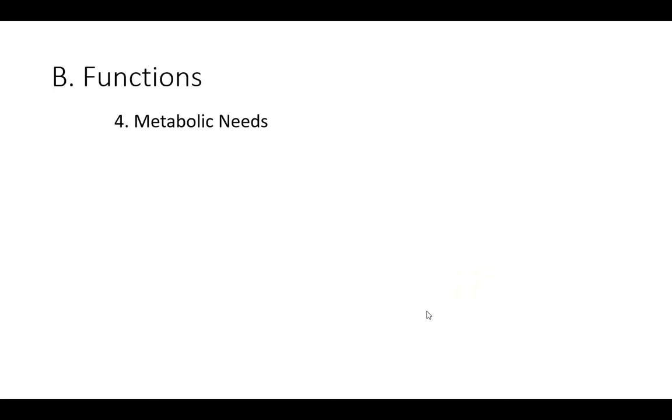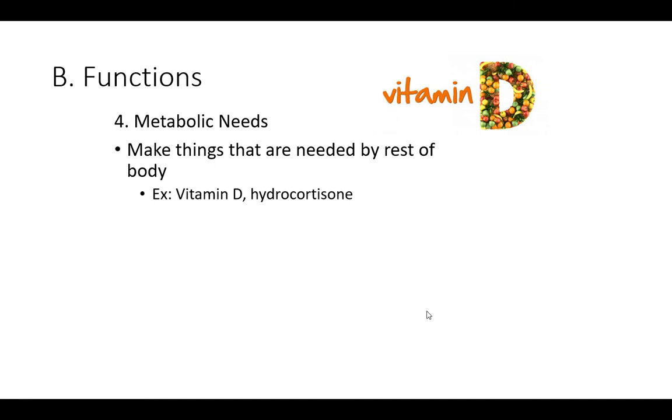The fourth function that we need to talk about are metabolic needs. So your skin helps make things that are needed by the rest of your body. This is called biosynthesis, and two really great examples are vitamin D and hydrocortisone. So vitamin D is something that your skin can produce when it is in the presence of UV light.